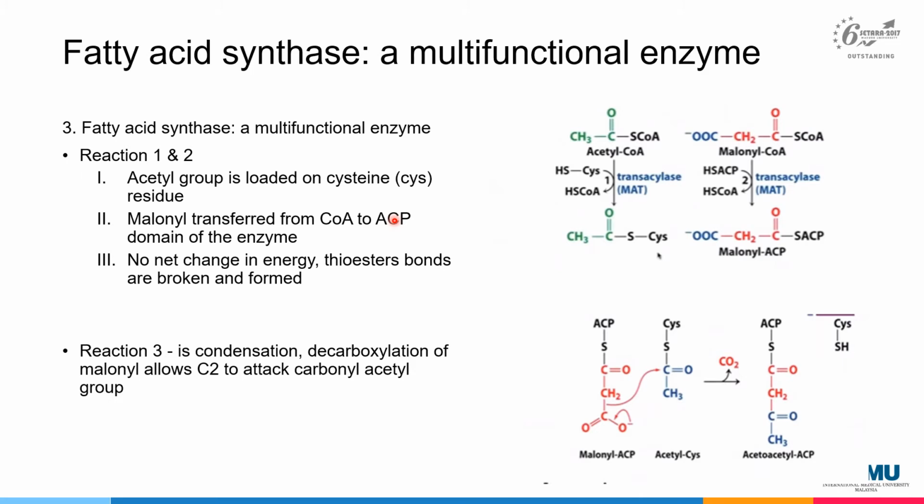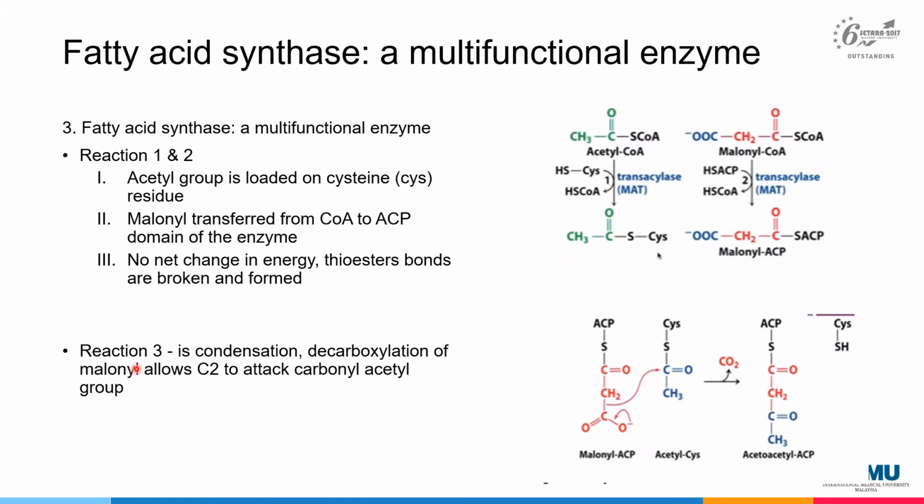Alright, so what happened here? The enzyme will pick up an acetyl group and put it on the cysteine residue or the cysteine domain. Next, your methylmalonyl-CoA will be transferred to the ACP domain, and now your malonyl will be known as malonyl ACP. After that, because these 2 molecules are sitting next to one another on the fatty acid synthase enzyme, reaction now can take place.